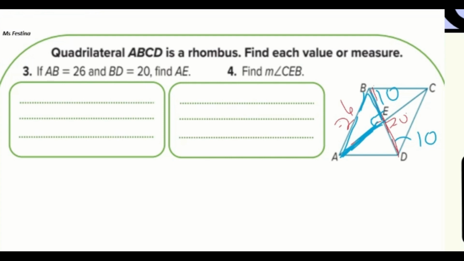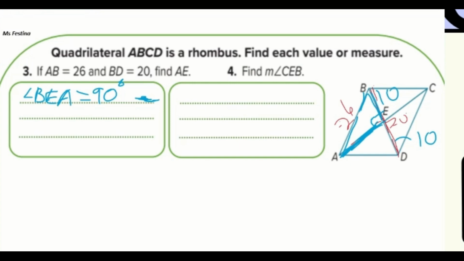So angle BEA is going to be 90 degrees. Your reason will be that diagonals bisect each other.